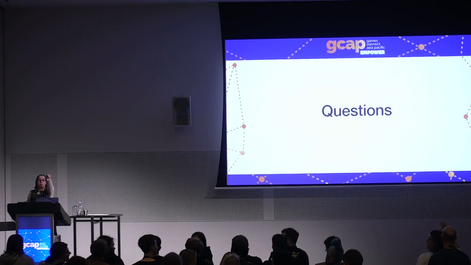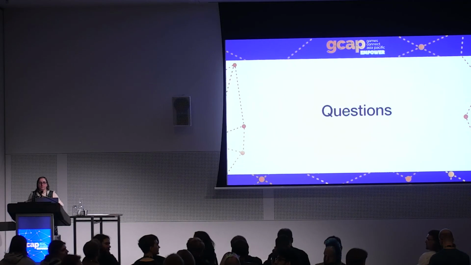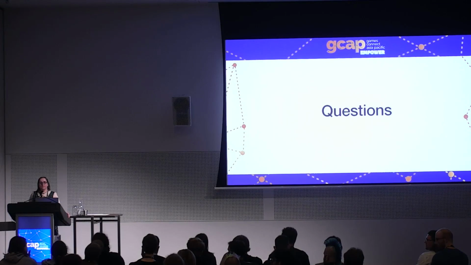Oh, I can see one all the way up the back there. Given more time and, say, more budgeting and whatnot, would you have considered a different approach to like the traditional inheritance and polymorphism flow that you already have going on?